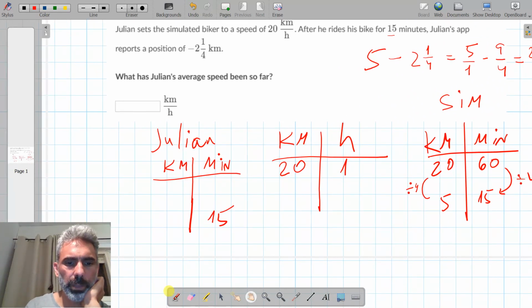So at the 15 minute mark, Julian is at 2 3/4 of a kilometer.